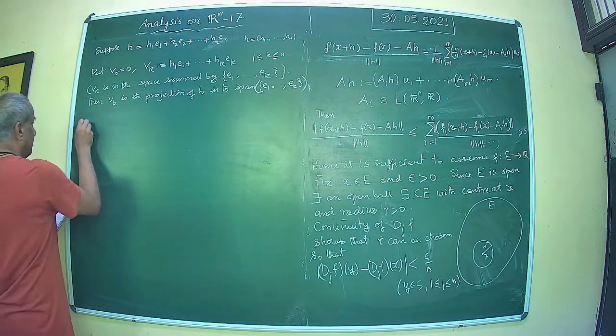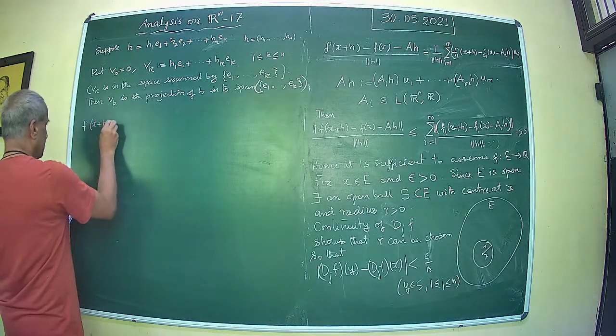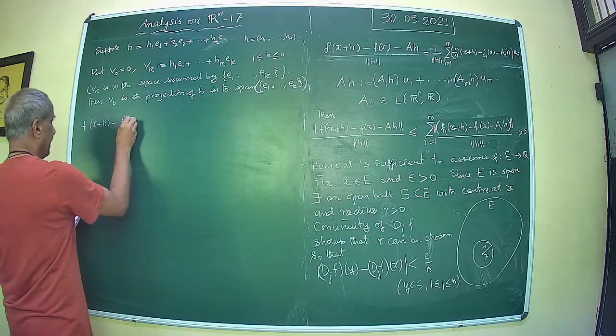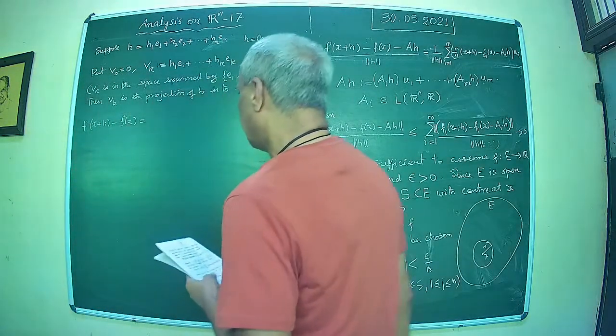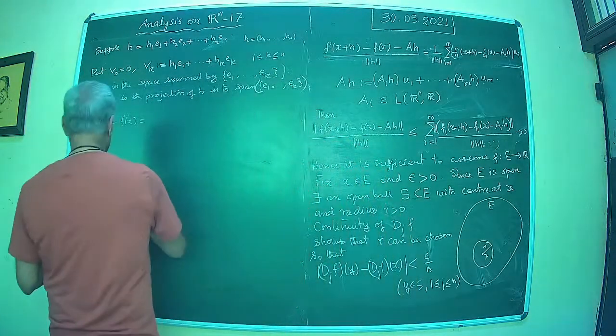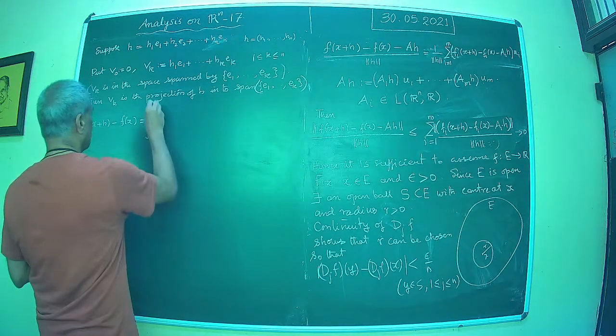Okay, now let us work it out. Therefore we write this f of x plus h minus f of x, bring in some add and subtract certain terms. So this you can write as, this is the crucial step.